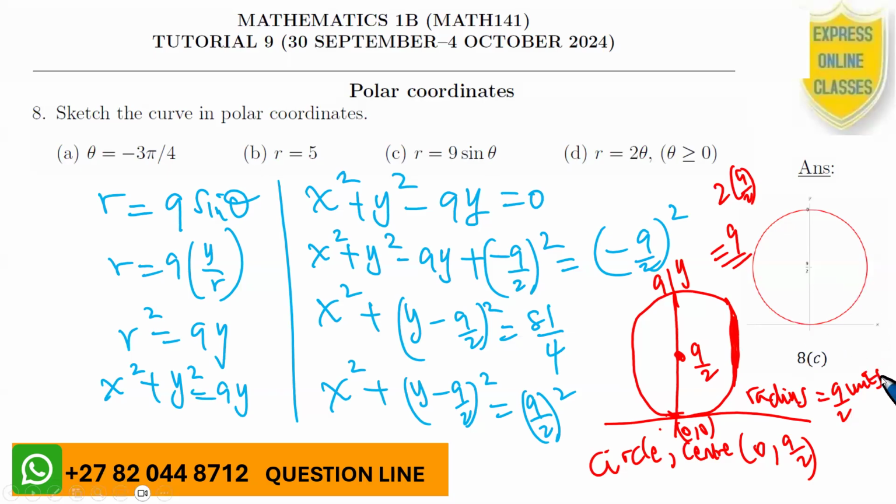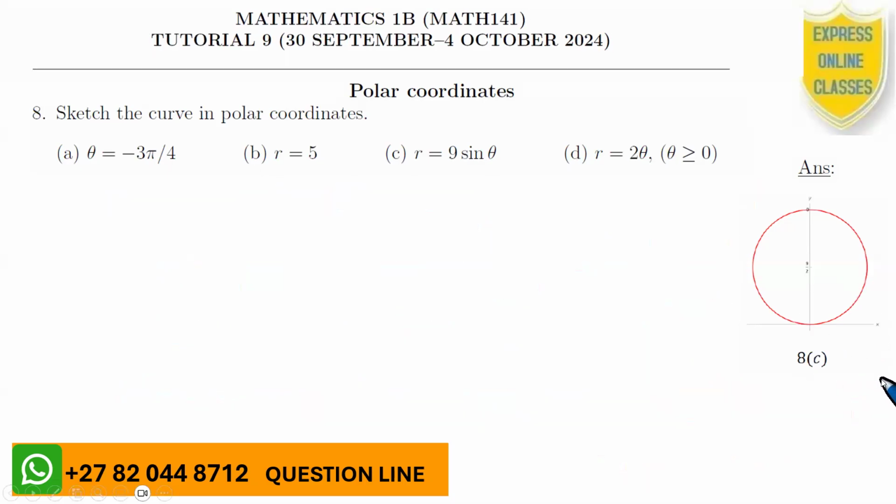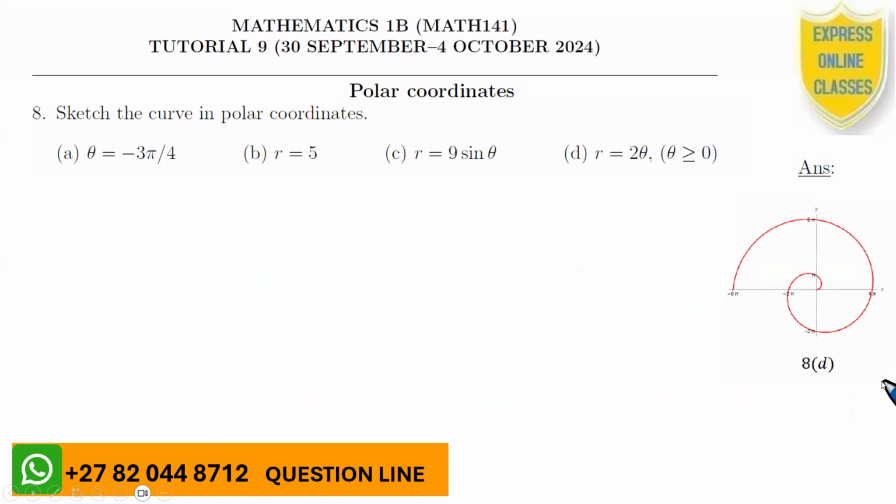Let's look at the next one, D. So D is that one. Right, so we have the following.